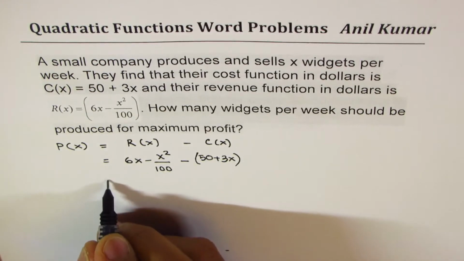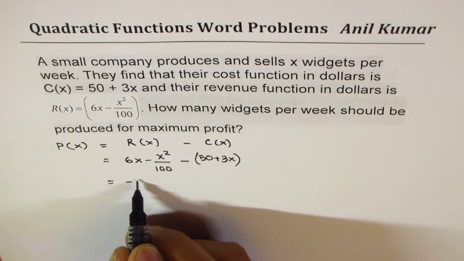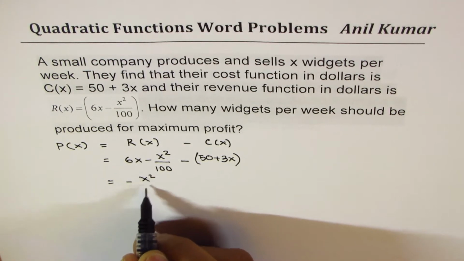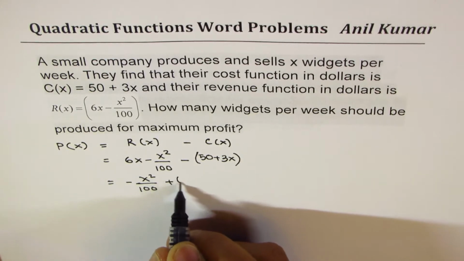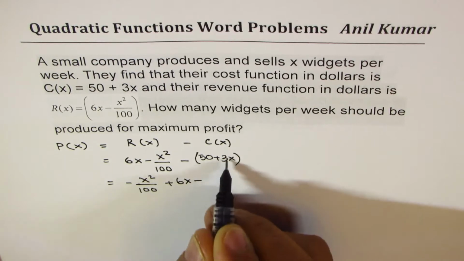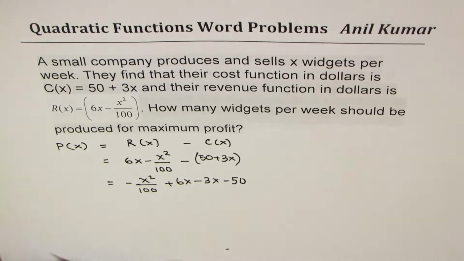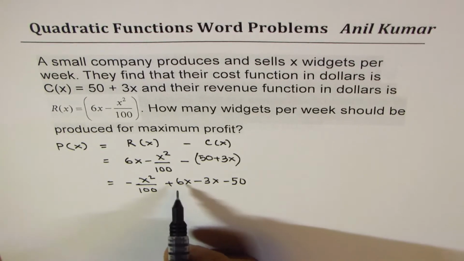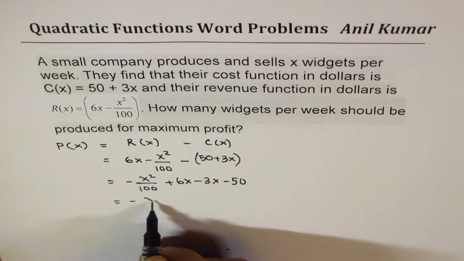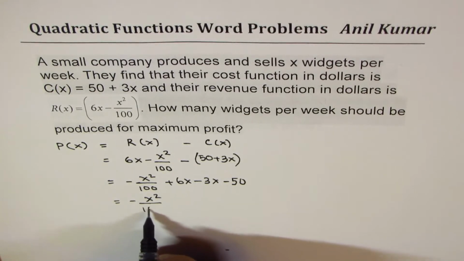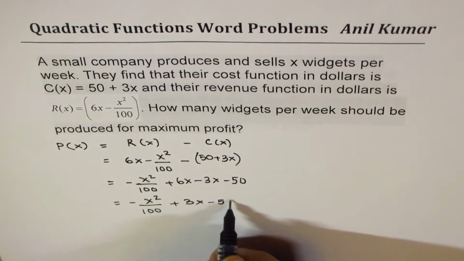So combining these, we can write like this, let me rearrange, -x²/100 + 6x - 3x - 50, correct? Now 6x - 3x is 3x, so we get -x²/100 + 3x - 50.